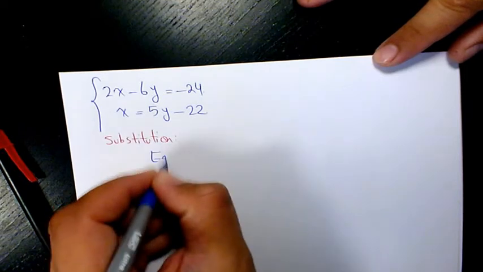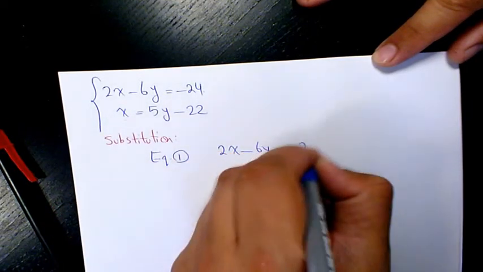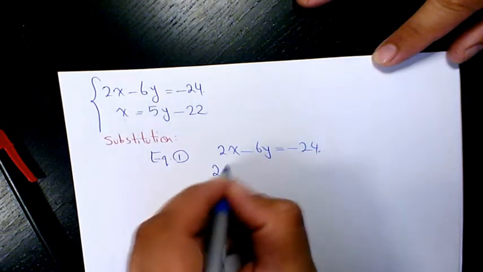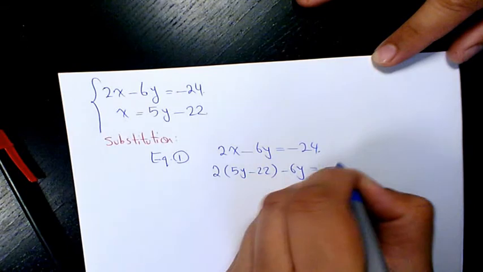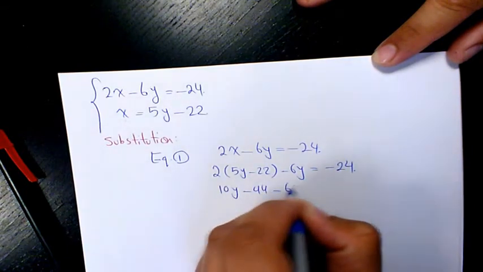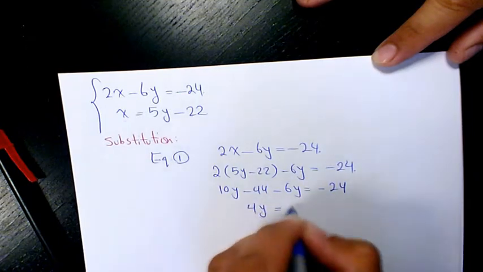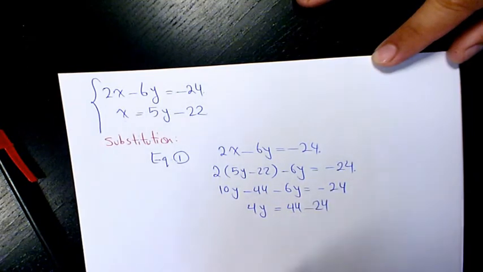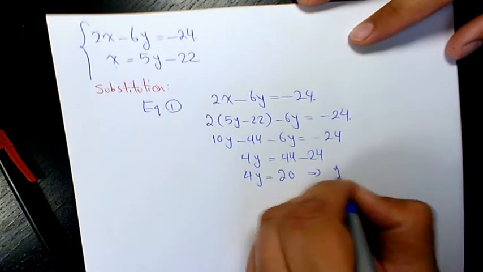So from equation 1, 2x minus 6y equals negative 24. It means that 2 times (5y minus 22) minus 6y equals negative 24. Therefore, 10y minus 44 minus 6y equals negative 24. It's going to be 4y equals 44 minus 24. So we have 4y equals 20. It means that y will be positive 5.